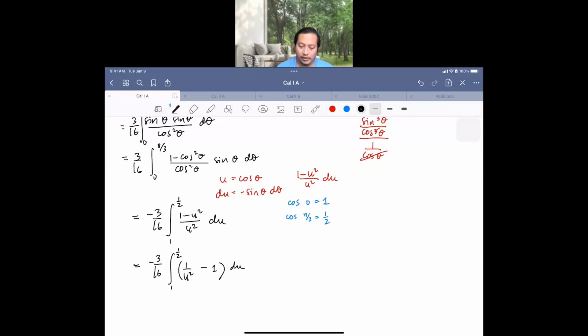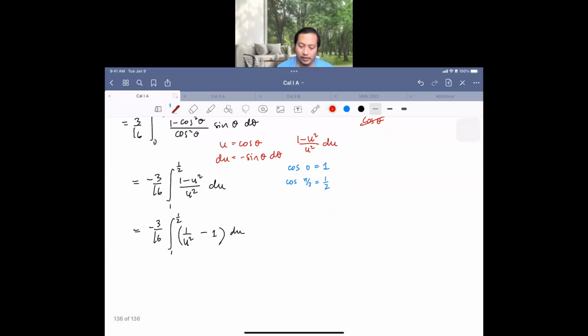And du. Okay, now the integration of this becomes 1 minus 1 over u, and this becomes minus u.